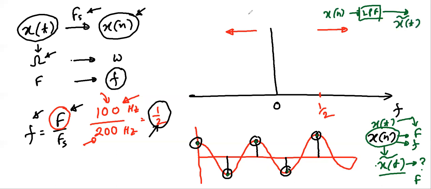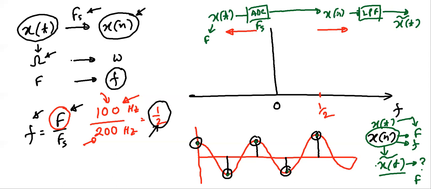So if I consider the whole chain, it will be like this. Xt, you are giving it to the analog to digital converter. From the analog to digital converter, you get this Xn. Here you have given the value of Fs. The criterion of xt was that the analog frequency was f.